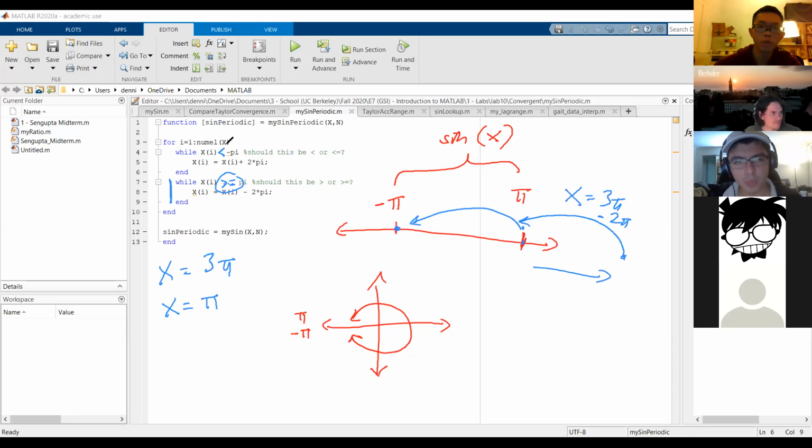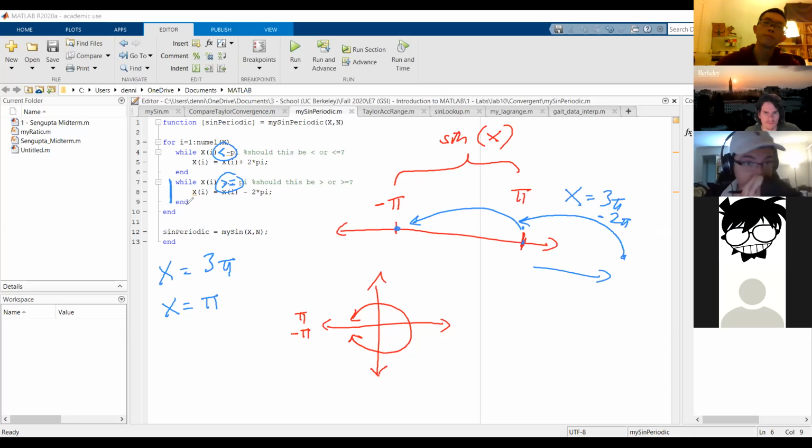Just to confirm, you want this to be less than and this to be greater than or equal to? Yeah, that works too. Then if you input pi, it'll just map down to negative pi, but you already have a value for negative pi, so it's fine. I don't think it really matters.